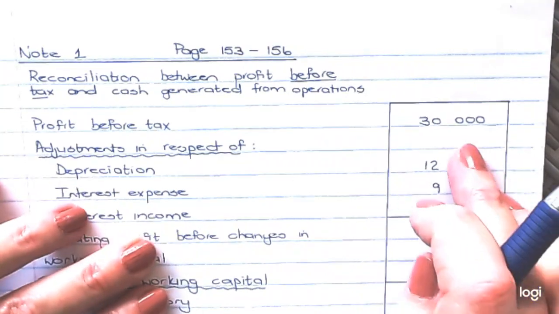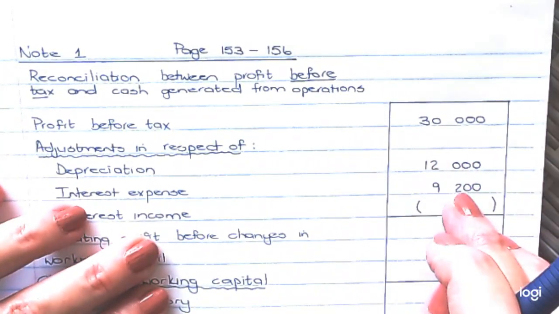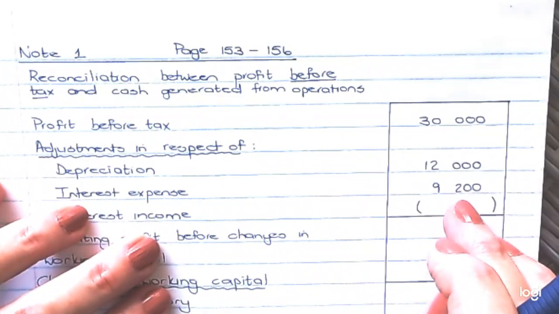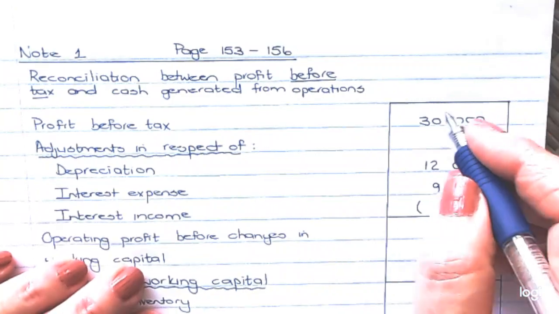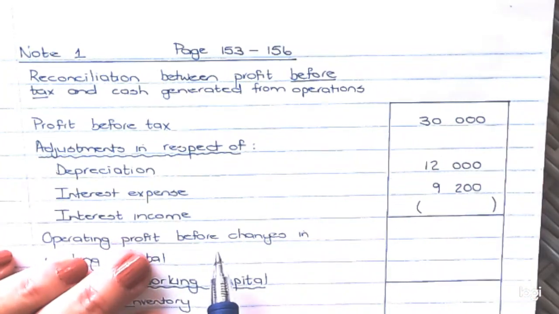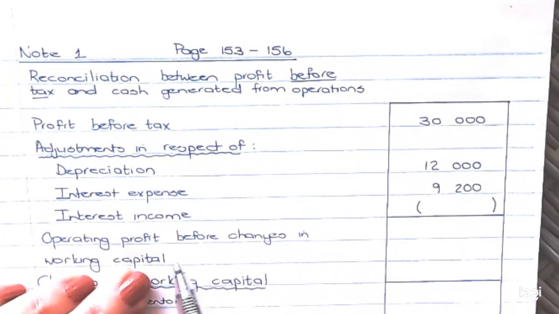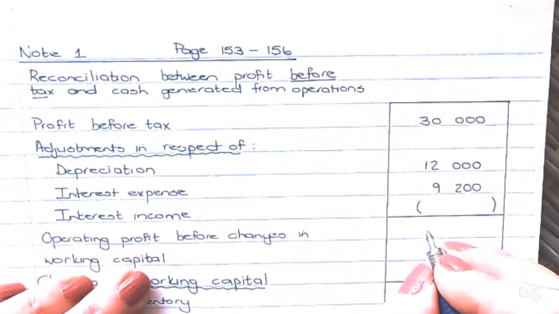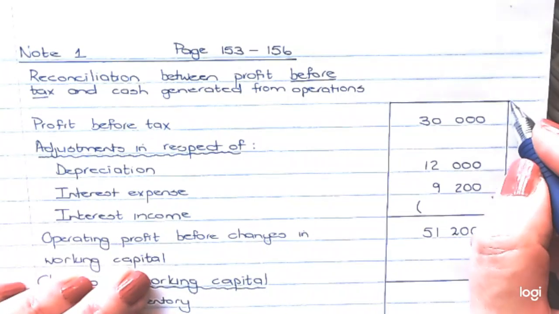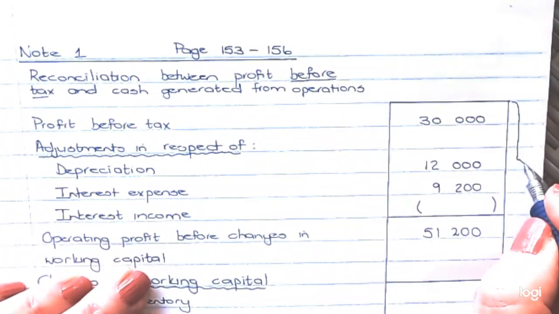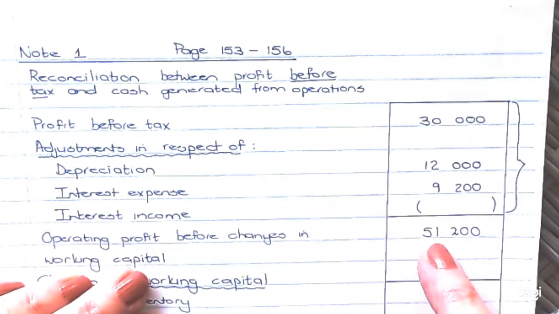And the answer of these three, or in this case two, amounts that we have here, together with the 30,000, that is our operating profit before any changes in our working capital. So this answer is 51,200. So that's all of that together gives me this answer. And that's before the changes in working capital.